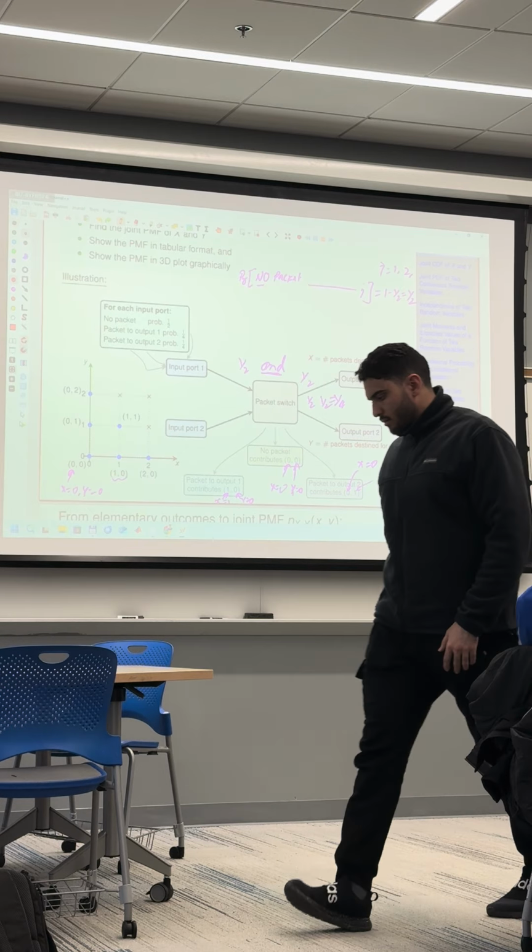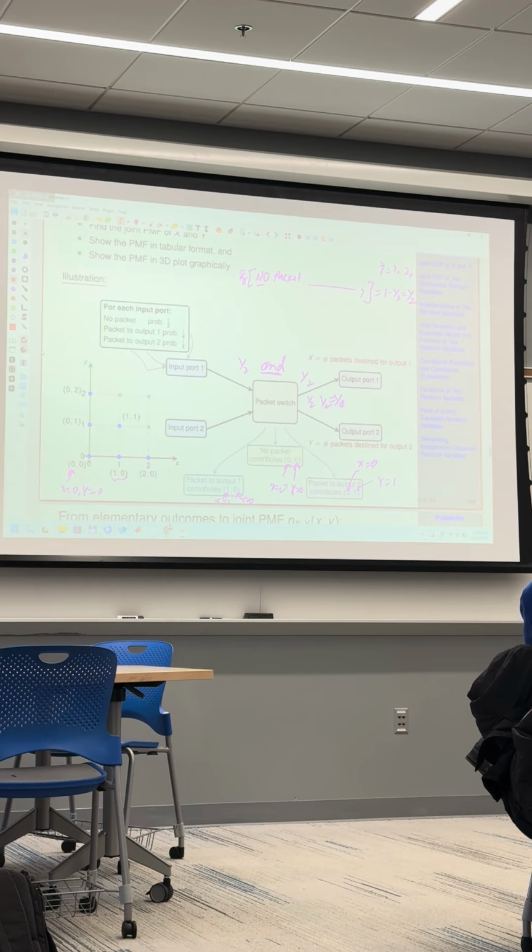The event that can never happen is the total number of packets, X plus Y, has to be less than or equal to 2. It cannot be more than 2. So that's why this cross denotes these are impossible outcomes.